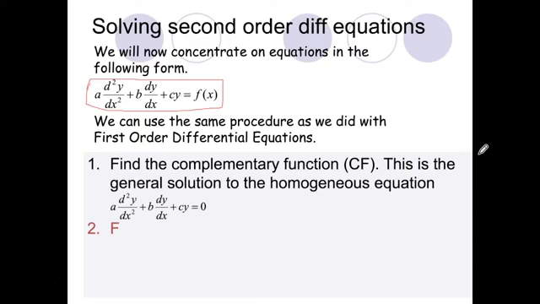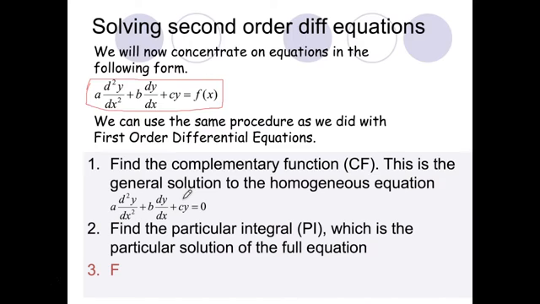First, we find the complementary function CF, and this is the general solution to the homogeneous case, which we have done already. Second, we find the particular integral PI, which is the particular solution to the full equation.